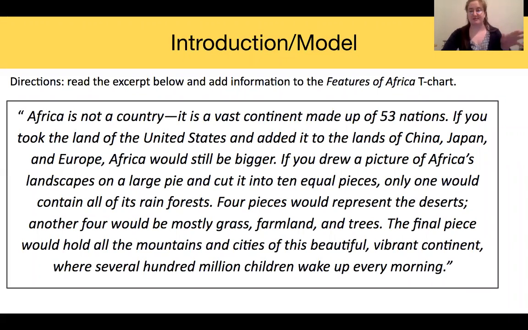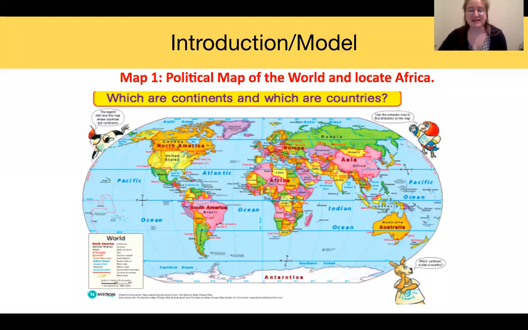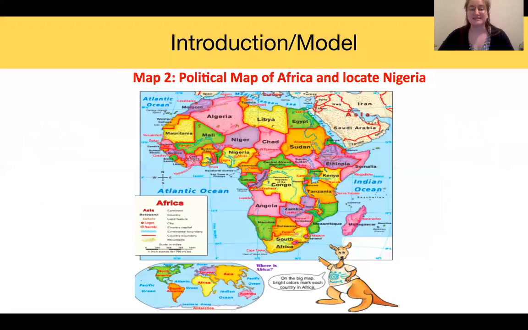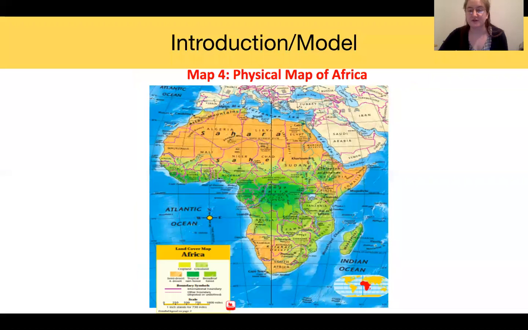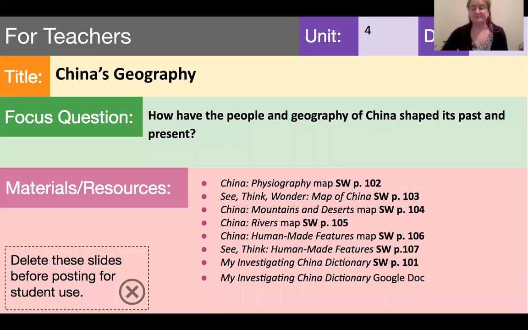You know, it's a common misconception that Africa is a country, and children often think this. And then you introduce them to a series of maps, and these are different types of maps. We had political, we had physical, and that is a good opportunity to ask questions and analyze together.